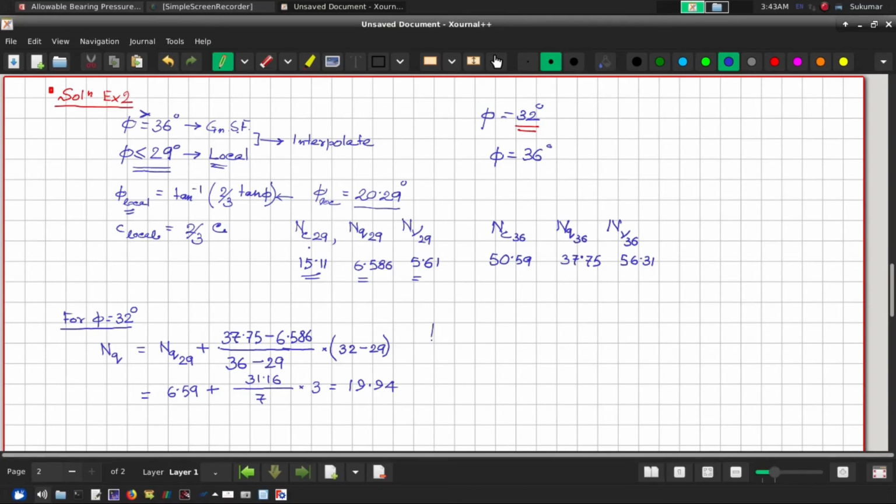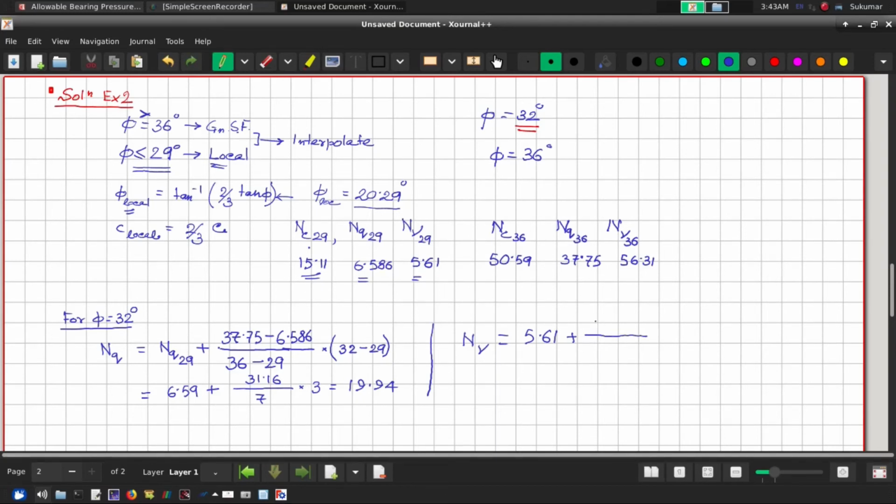In a similar manner, I can get N gamma for phi equal to 32 degree as N gamma 29, which is 5.61, plus, I'm very sorry, it's quite difficult to write here.